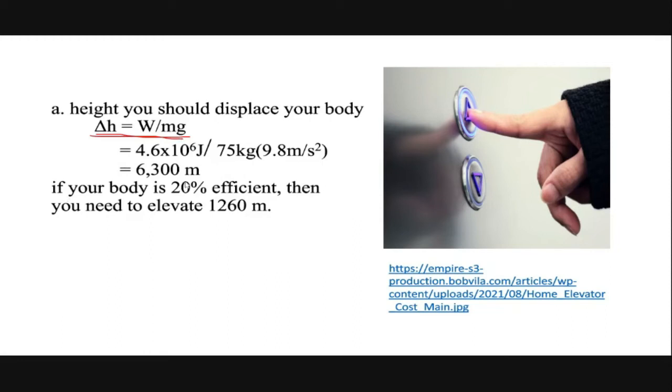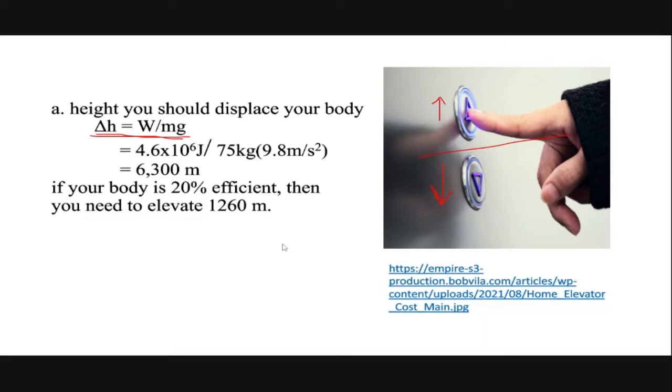But if your body is 20% efficient, then you need to elevate 1260 meters. That means if your body uses 80% of that energy for its functioning, you only need to elevate 1260 meters. And if you ride in an elevator, you have to displace 630 meters up and 630 meters down.